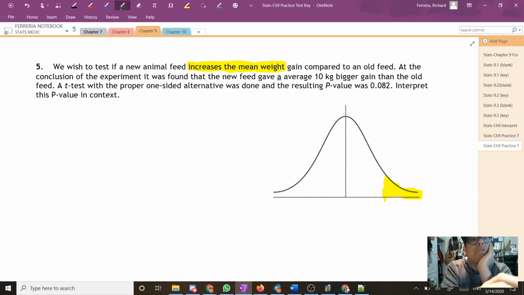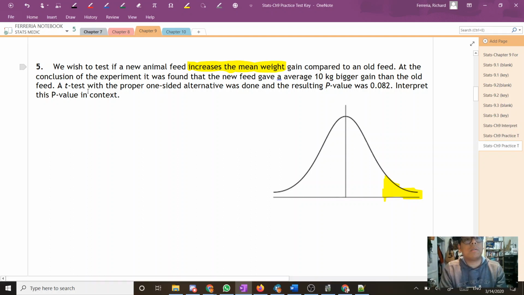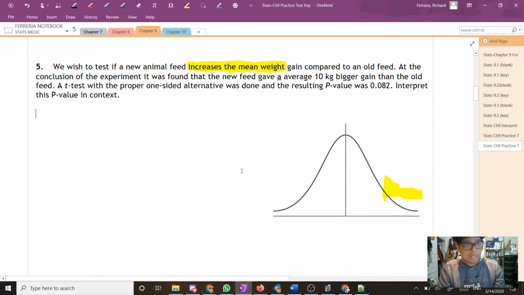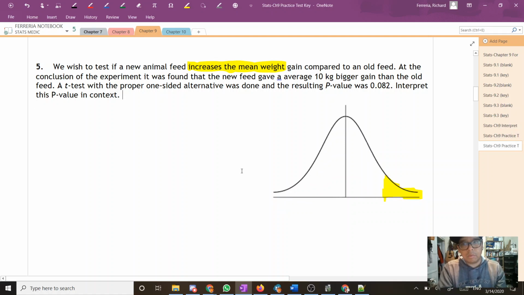So our alternative, HA, would be that mu is greater than, well, we don't know what the null hypothesis is, but we're just going to call that mu naught. Yes, mu is greater than whatever it was before.